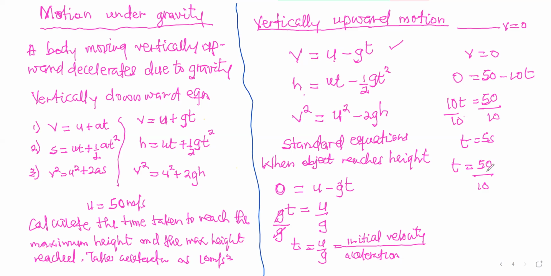Then we are also asked to calculate the maximum height reached. That is h. In equation 2, we have v squared is equal to u squared minus 2gh. At the maximum height, v is 0.